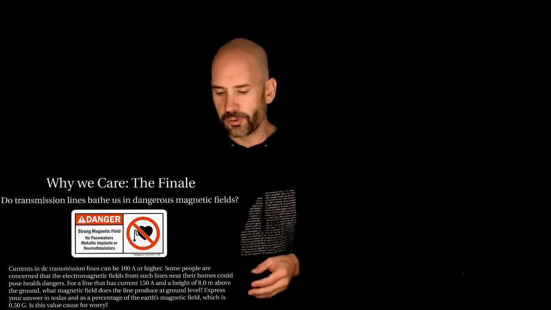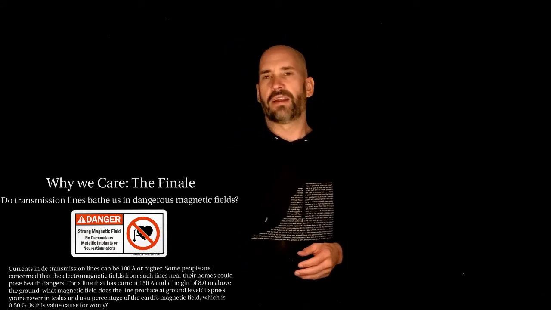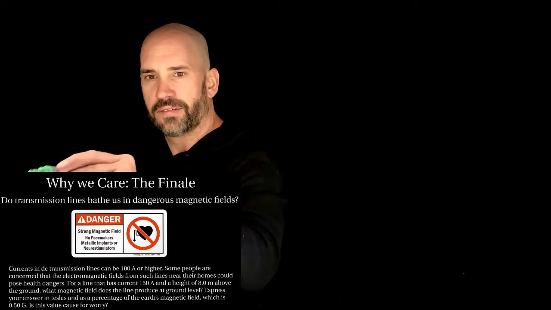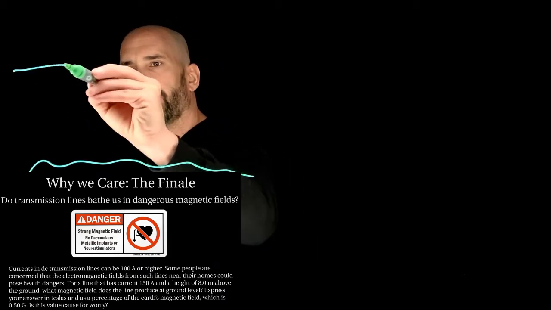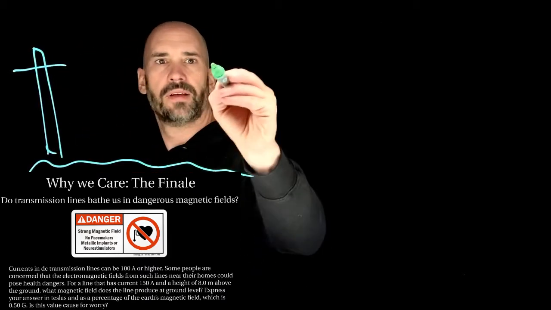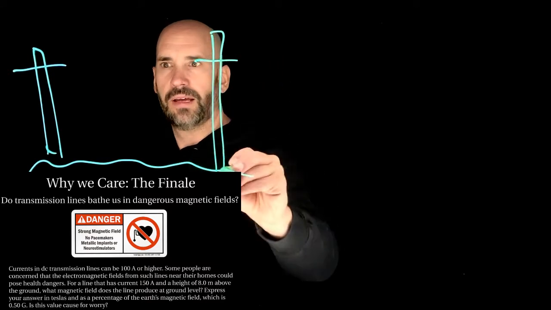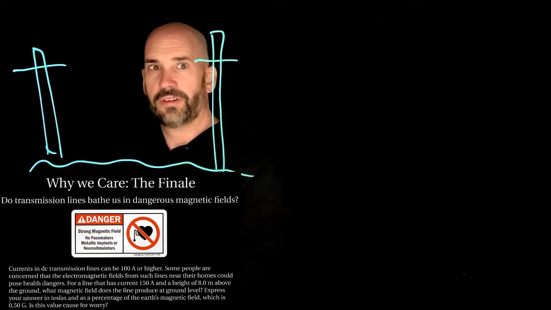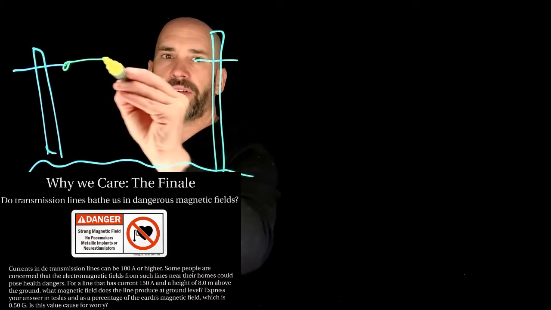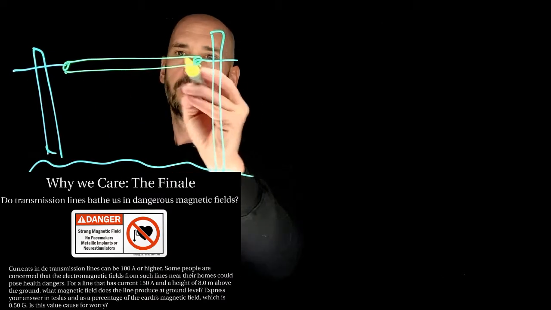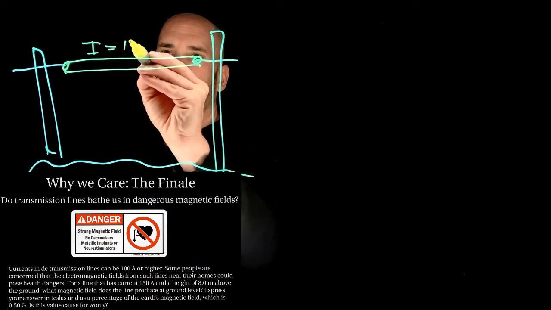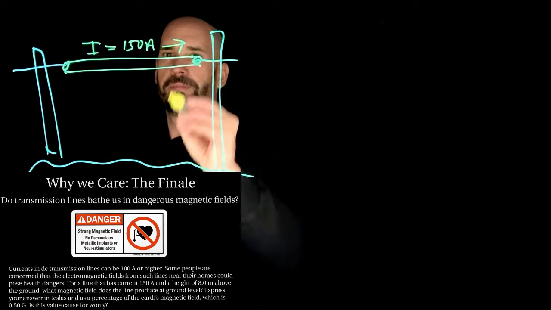All right, so first things first, let's try to understand why this is even an issue. So here is, let's say, transmission lines, right? And so you have a current going from one to the other, okay? And there's a current of 150 amps that's moving this way, right?